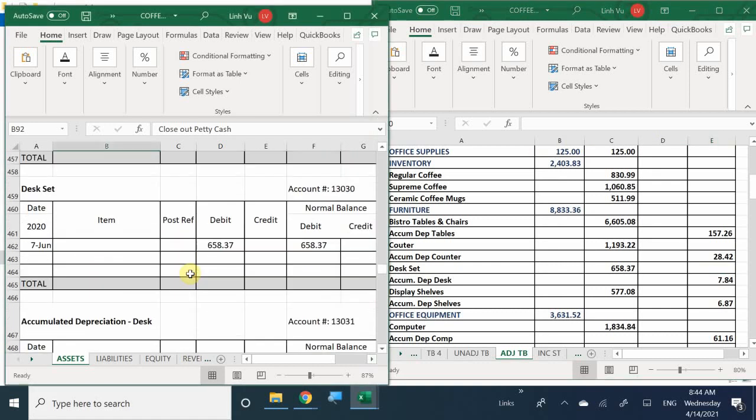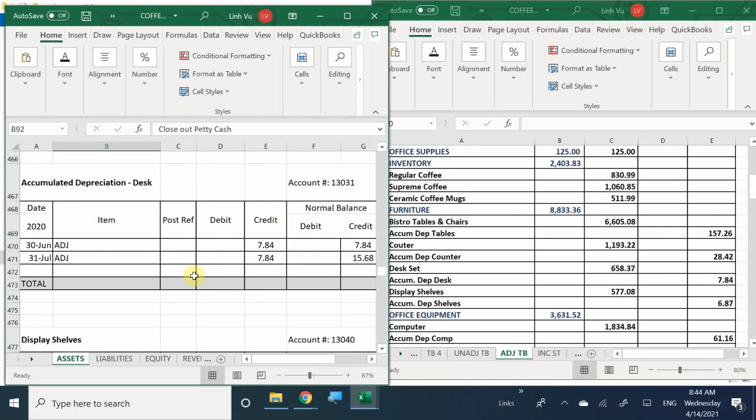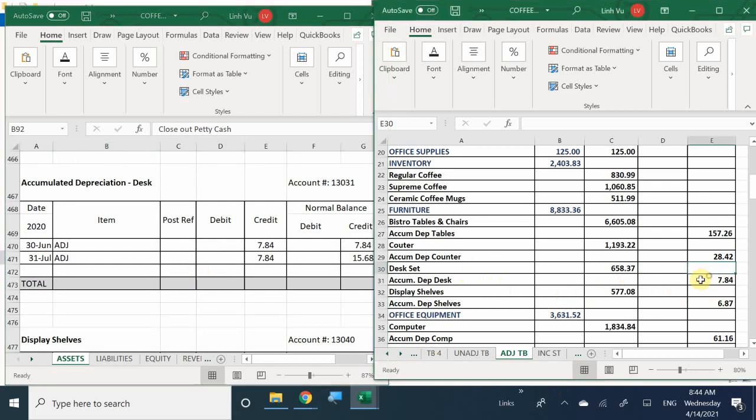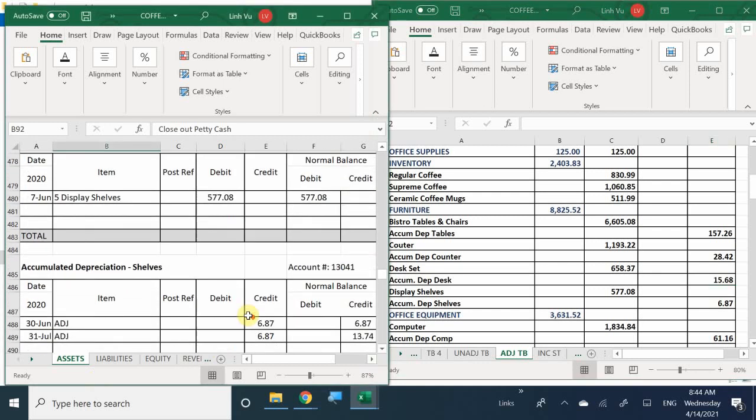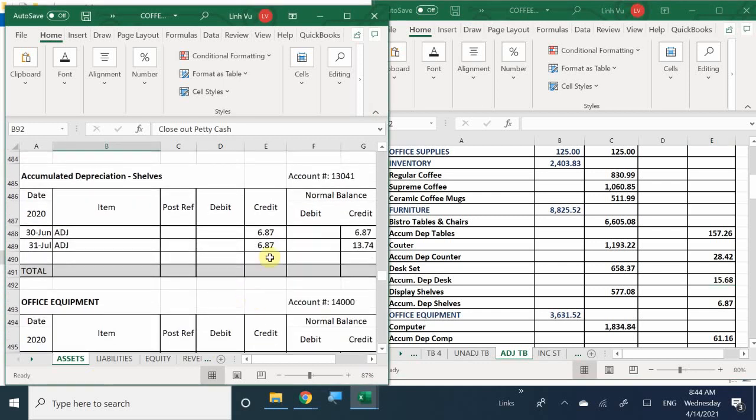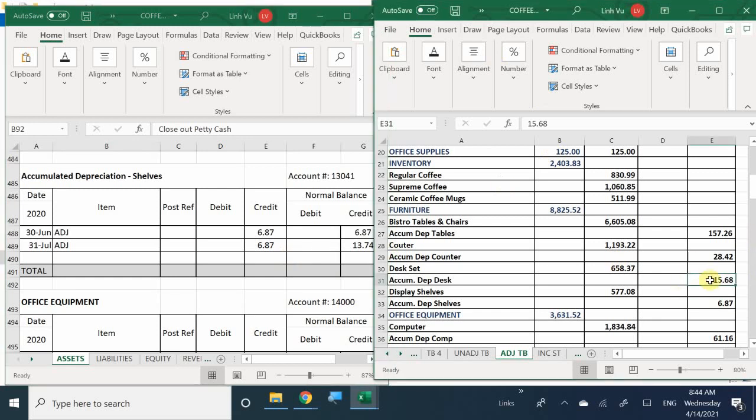Next we have our desk set. That should have stayed the same, but the accumulated depreciation on the desk is now 1568. Okay. And then last but not least, we have our display shelves that should stay the same, right? Historical cost. However, the depreciation is now 1374.